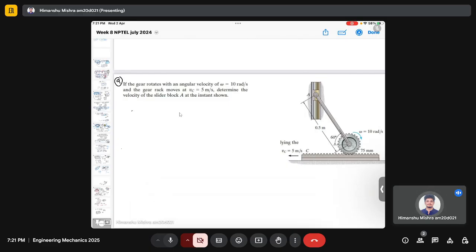So we have given Vc, velocity at point C, which is 5 meter per second. We have given the angular velocity, which is 10 rad per second. So point C can be one of our points.